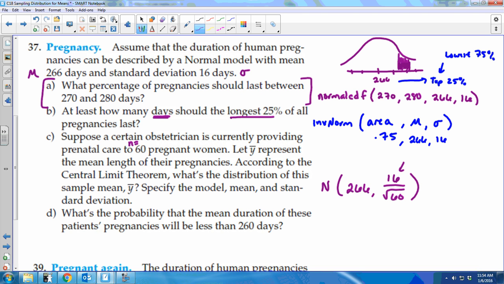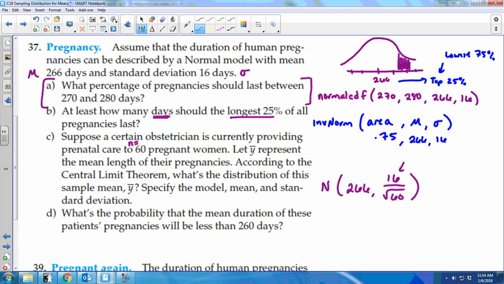No. Do you think 60 women is a good representation of the population? Just 60 pregnant women for a specific doctor. We can go ahead and assume 60 might be a good representation. It doesn't say anything about the obstetrician being a specialist in anything or anything like that. So we can assume it might be a good representation.